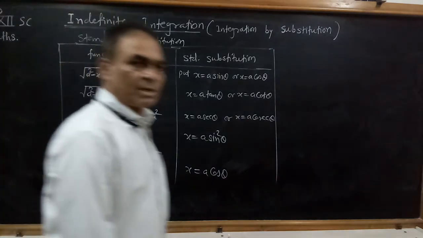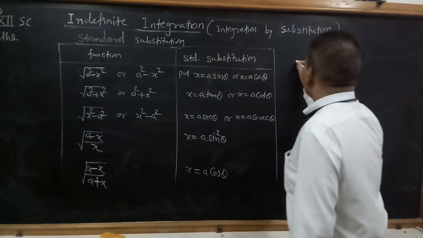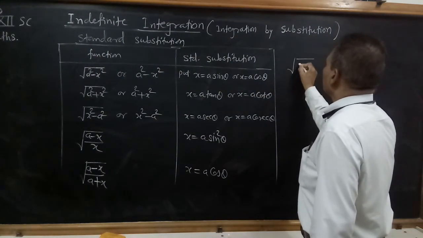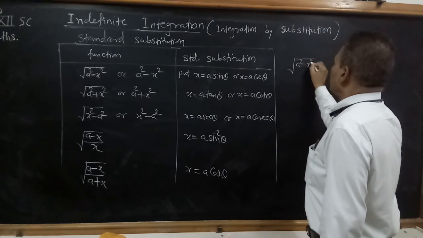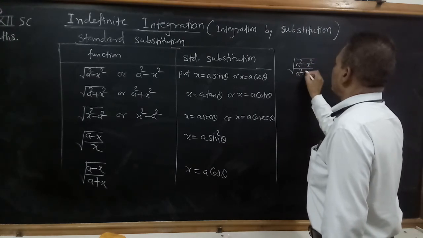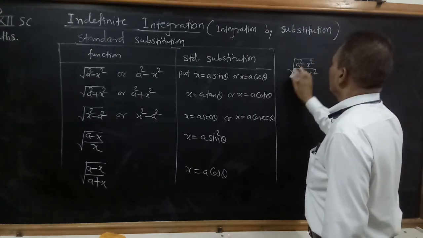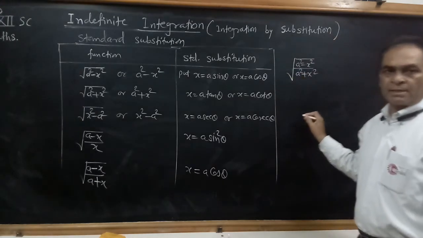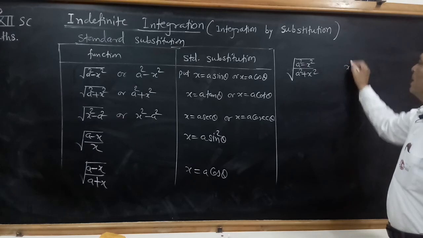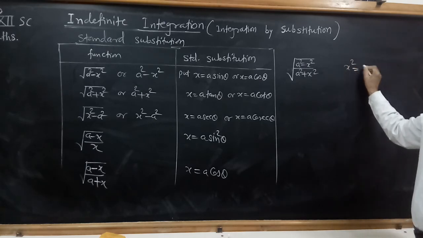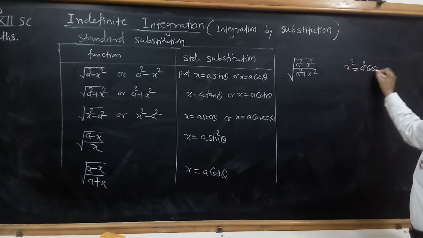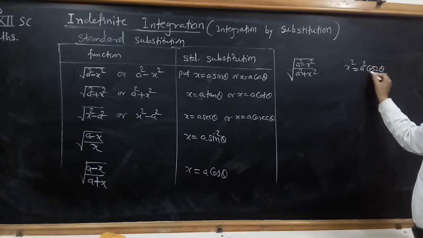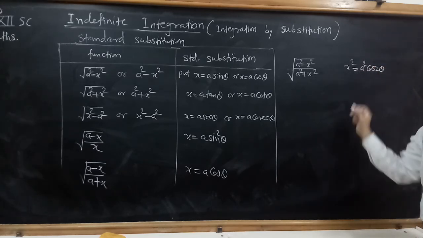This is fifth, sixth. If root of a square minus x square divided by a square plus x square, in that case use the substitution x square equal to a square cos 2 theta.